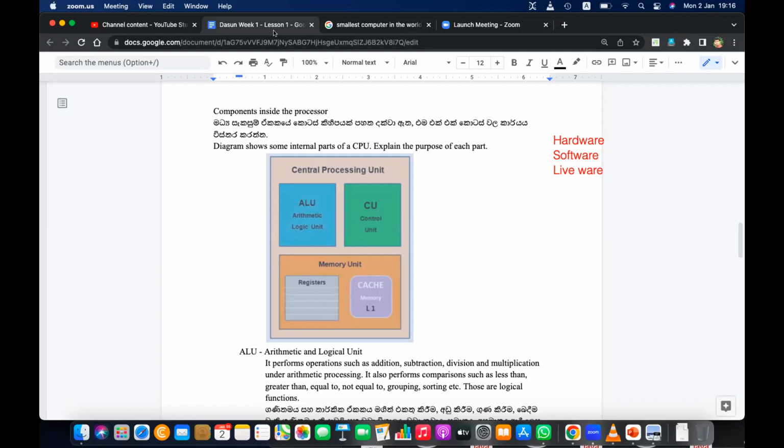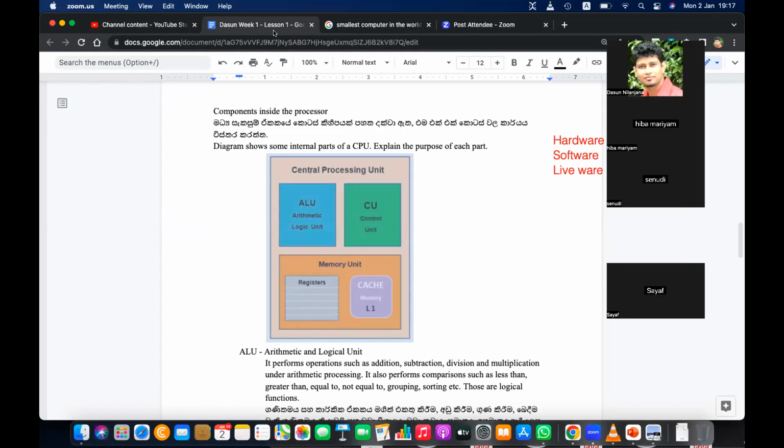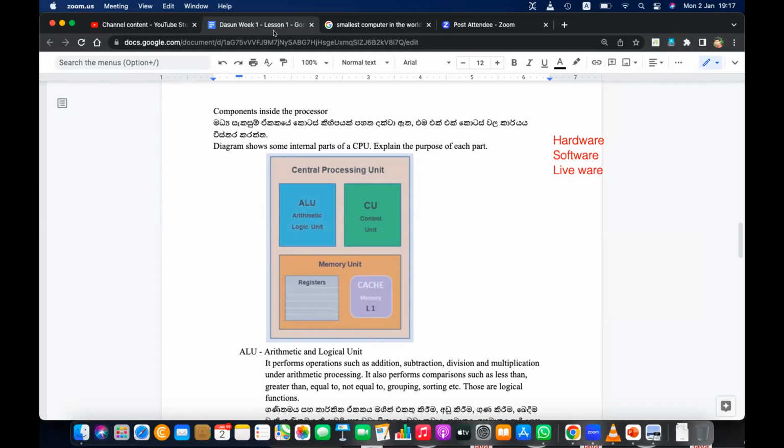Software. What is software? Hardware are tangible components. Software are the systems that can't be touched.